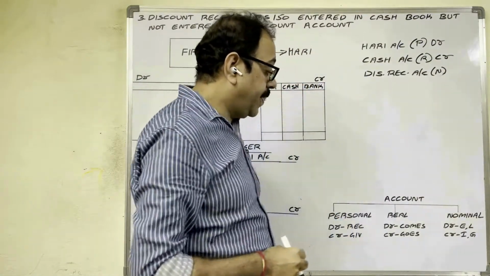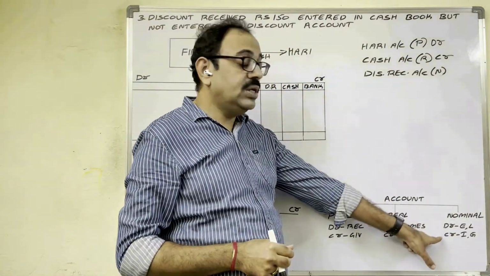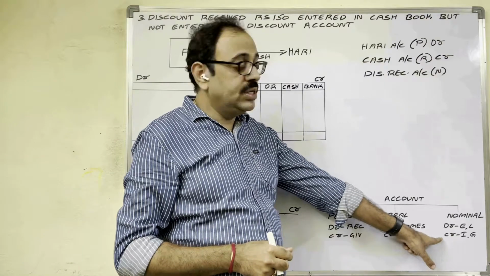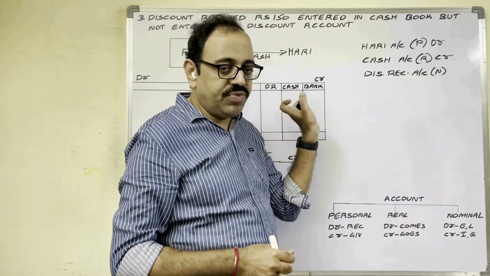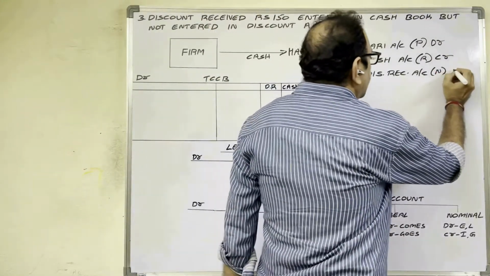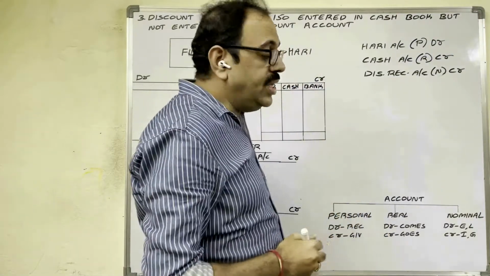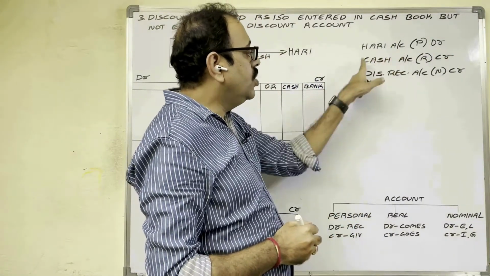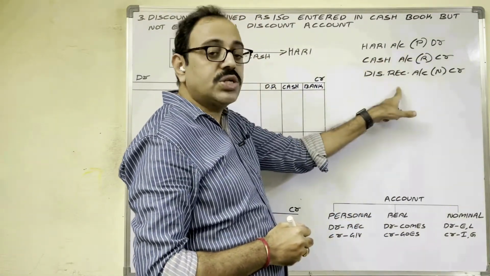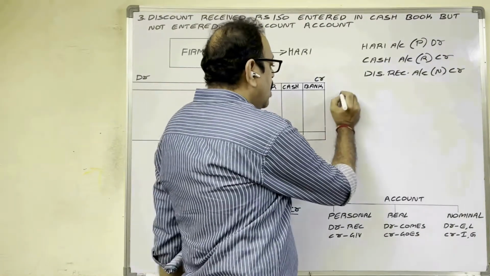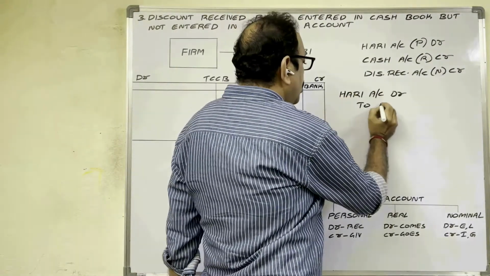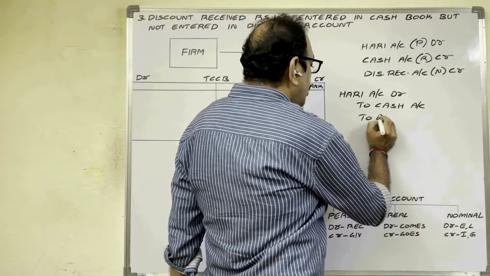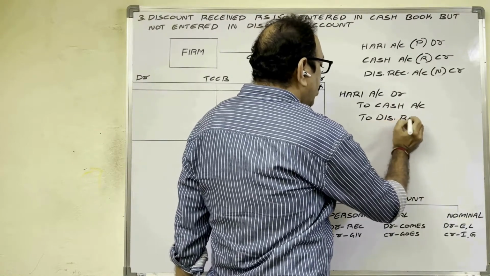Nominal account rule. Debit all expenses and losses, credit all incomes and gains. Discount received is gain to the firm. Therefore, we should credit. Final entry is Hari account debtor to cash account, to discount received account.